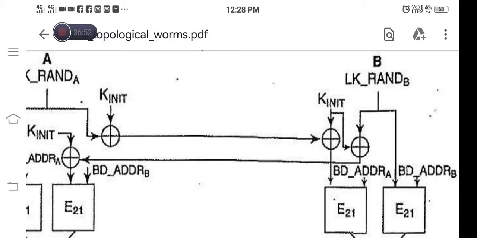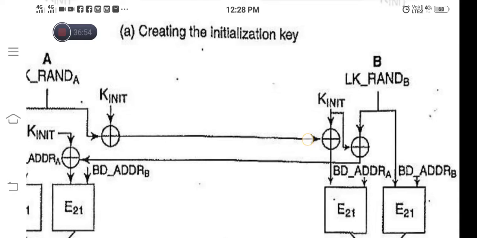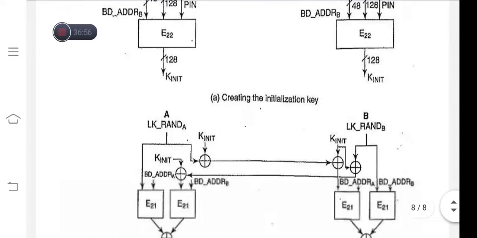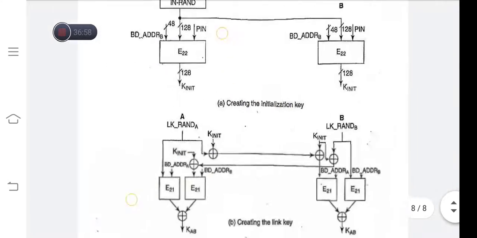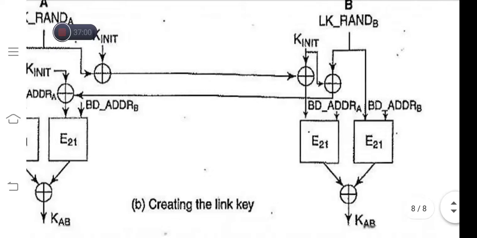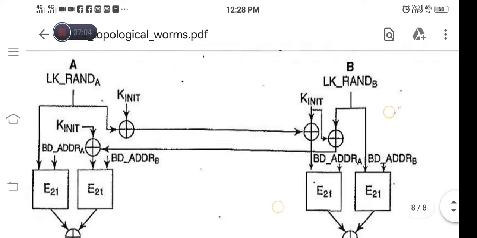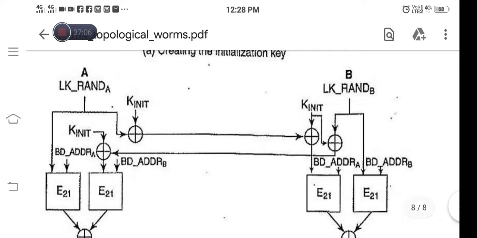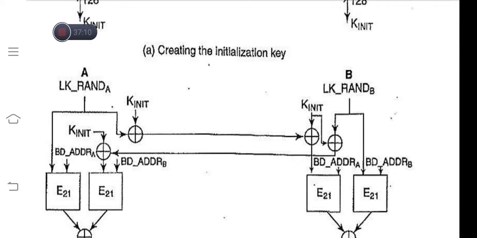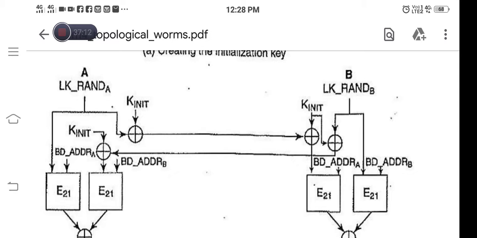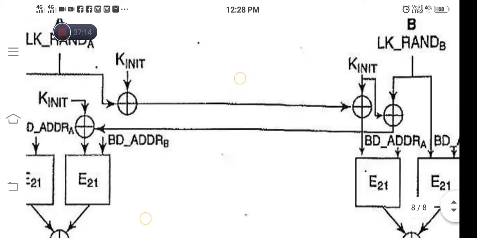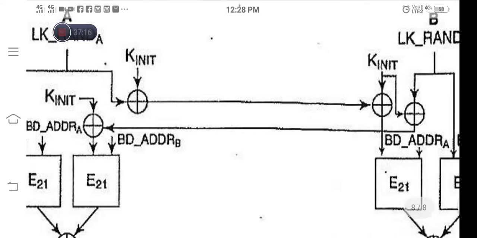Once these values are exchanged after the XOR operation, B will extract the random number which was sent from A, and A will extract the random number which was sent from B, by performing one more XOR operation at both sides.